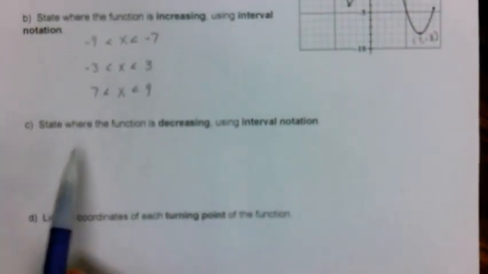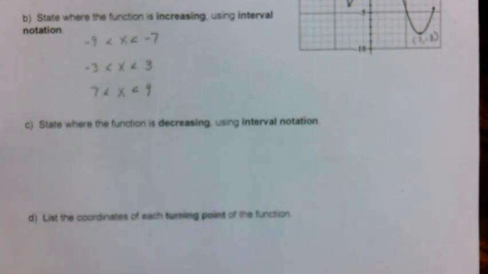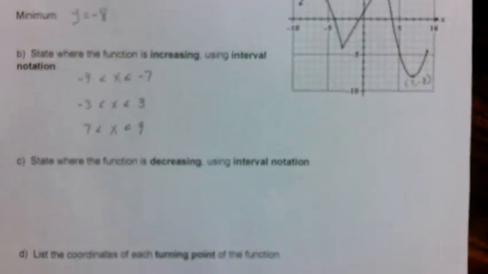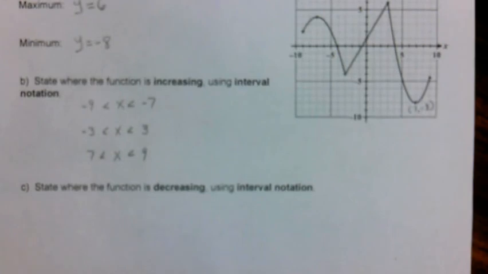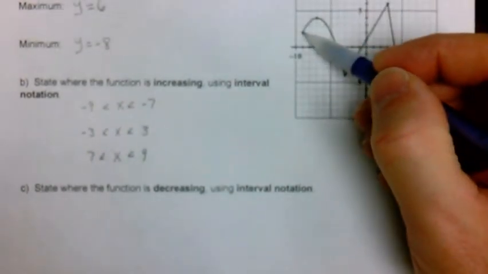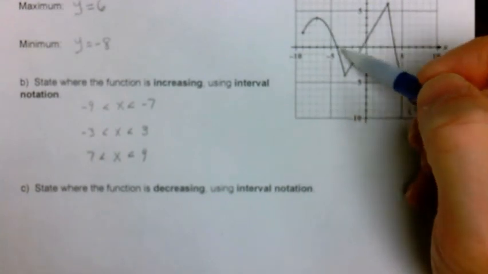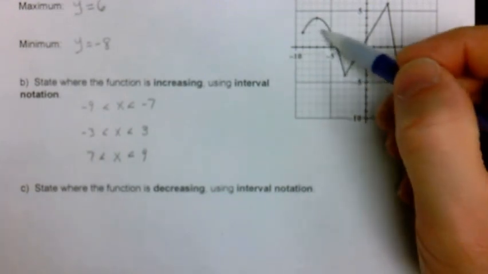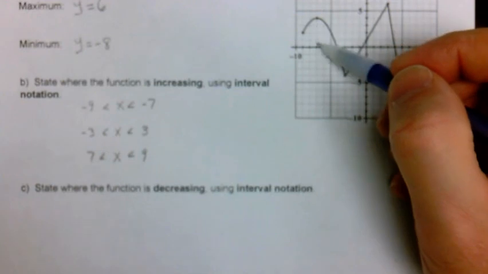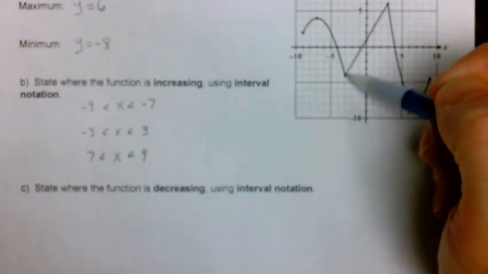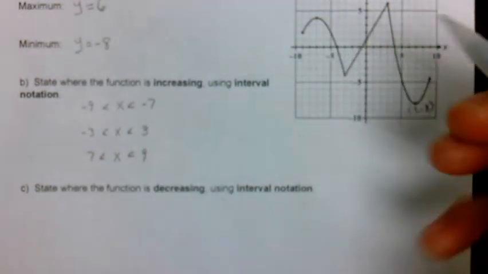Letter C, state where the function is decreasing using interval notation. Okay, so just like we did before, now we want to know where it's decreasing. So back to the beginning, it's increasing until we reach this x value here, and then it decreases until this x value here. So it decreases from x is negative 7 until x is negative 3.